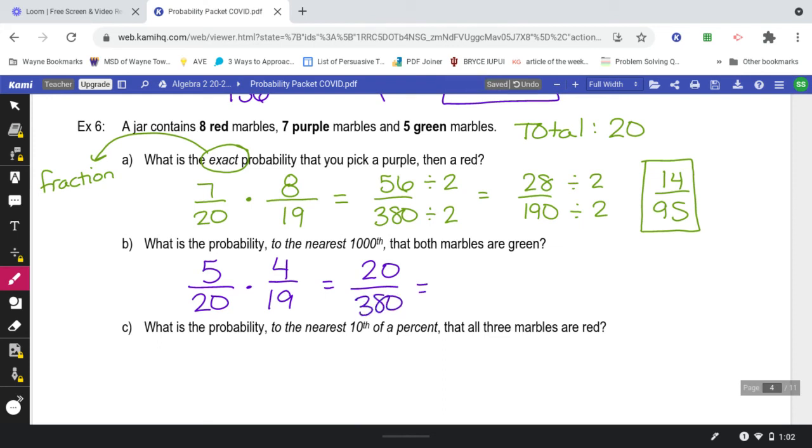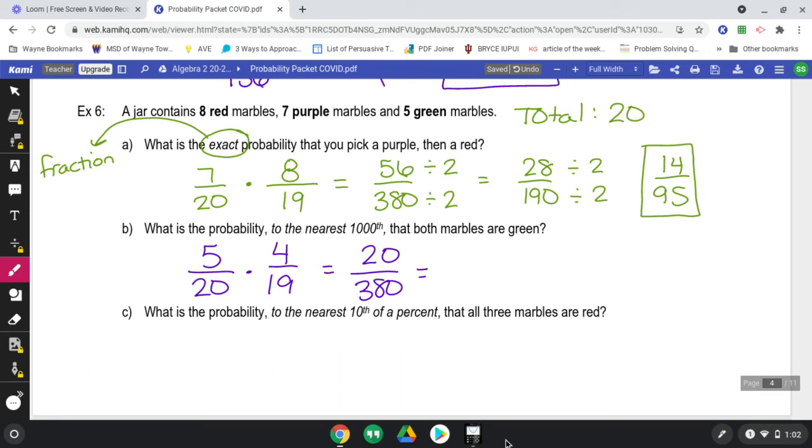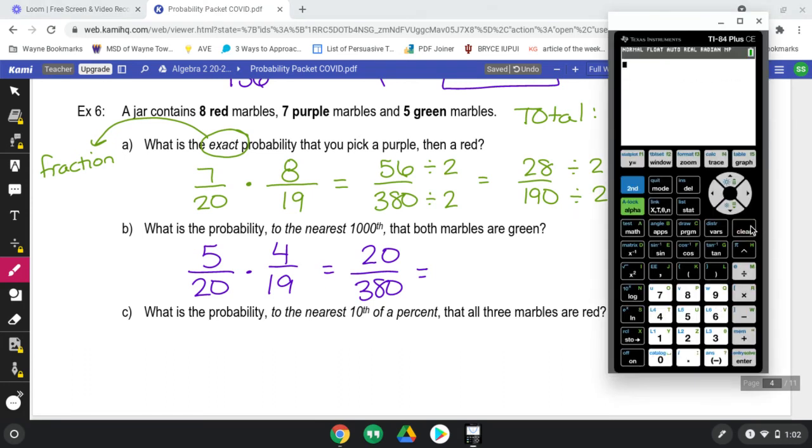And we want it to the nearest 1,000th place, which is a decimal. So we're going to do 20 divided by 380. And 3 decimal places, 0.05. And then the third decimal place is a 2, but the 6 right after it makes it bump up, round up to a 3.